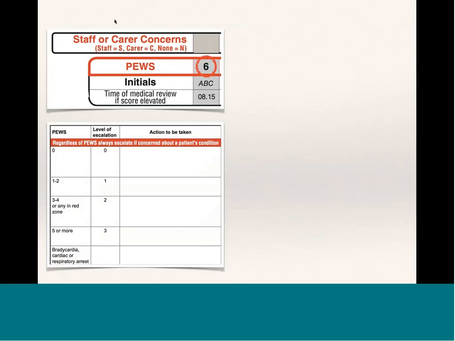Now, we've deliberately not written any specifics about the levels of escalation because we recognize that these are going to differ, not wildly, but they will differ depending on the resources and geographical location of the child and the services that they have accessed.